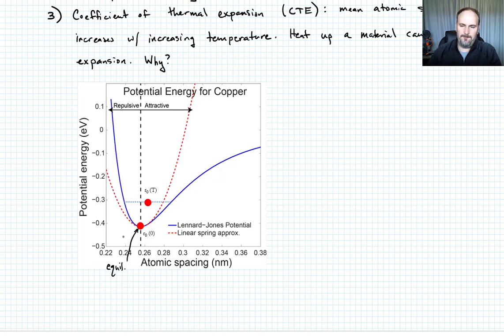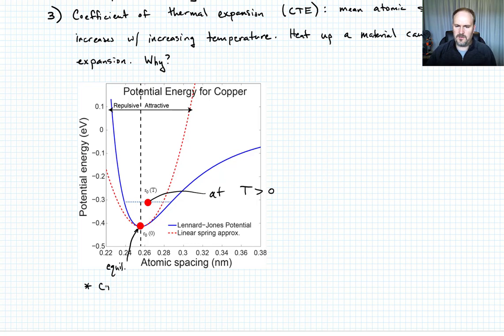This would be at some temperature greater than absolute zero, so at T greater than zero. So it's actually the asymmetry in the potential energy curve that gives you thermal expansion. Okay? So let's write that down.